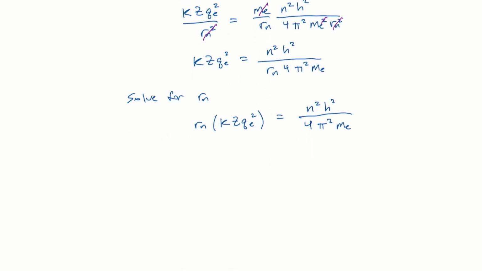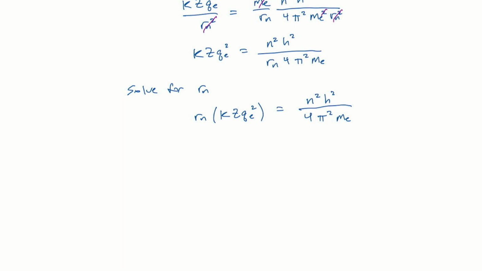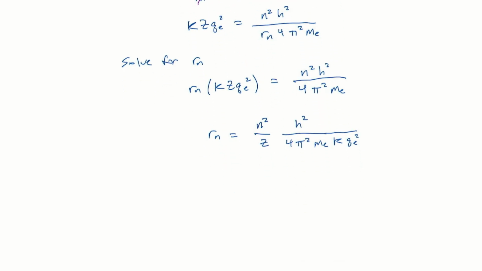All right, so now we need to divide by the K, the Z and the Q sub E, and let's write it this way. So we know that N squared can vary. We're dividing by Z, that will vary, and now the rest will be constants. So we have the H squared, we've got 4 pi squared M sub E, and then we have the K and the Q sub E squared, and we already took care of Z. Okay, sorry about that, these are all constants.